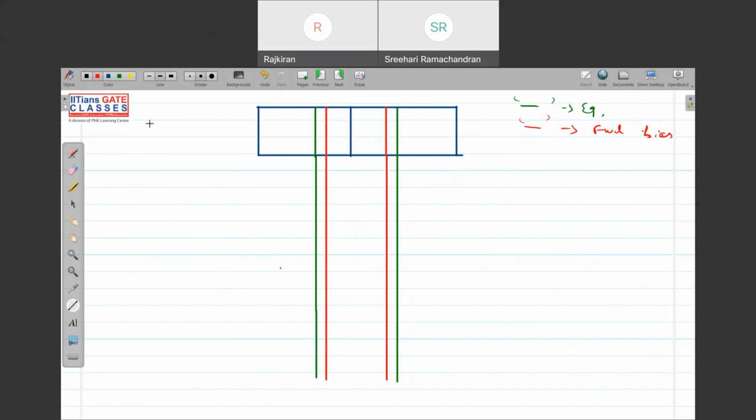So at equilibrium, I have my electric field like this, if I plot x versus electric field. This is my junction, and this is my electric field.